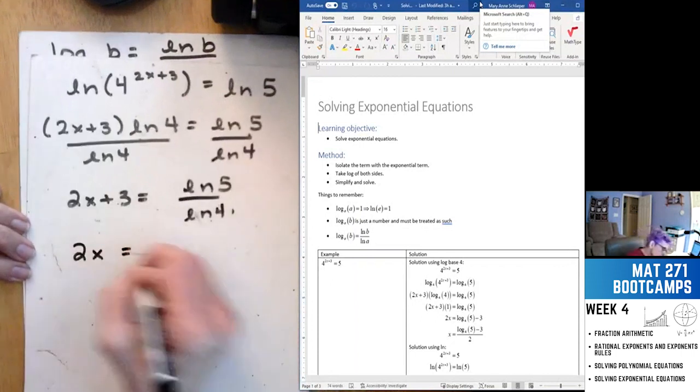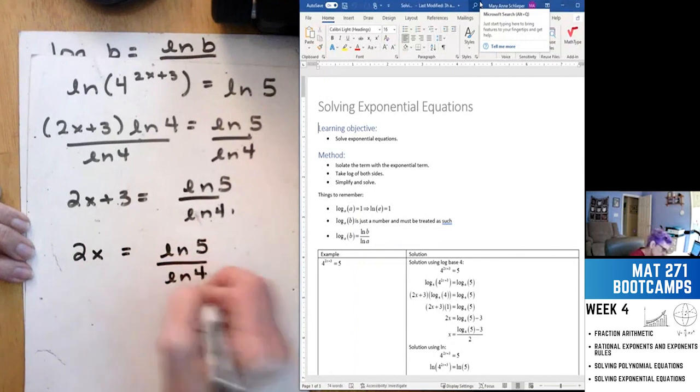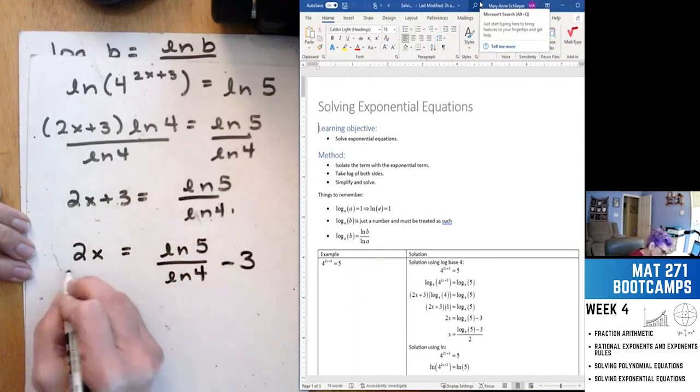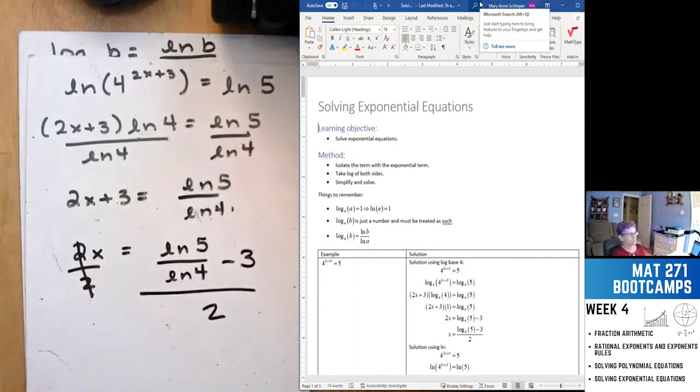They're both perfectly good, exact answers. So if you like using log base 4, then use log base 4. If you're a big fan of the natural log, then go the natural route and do that.